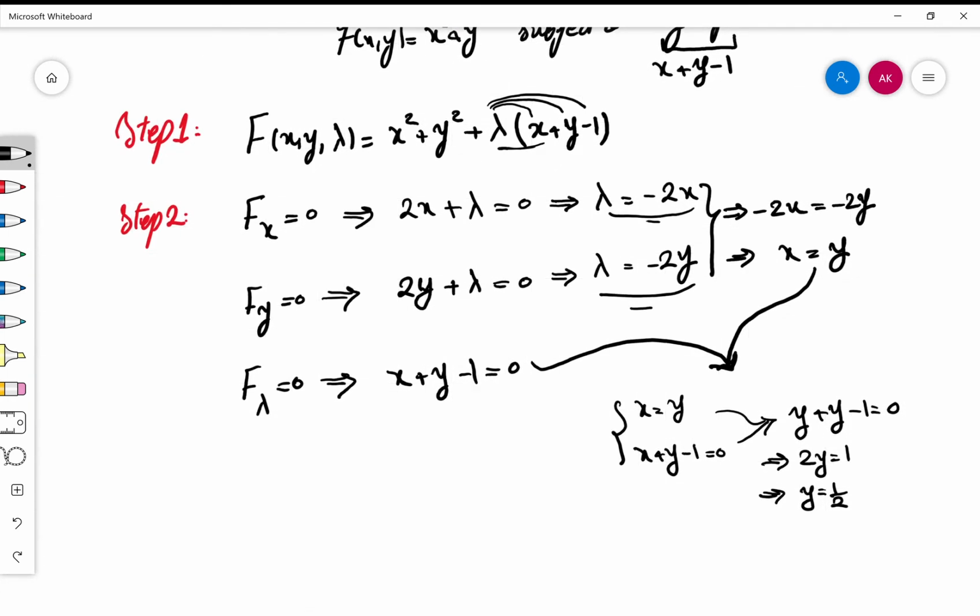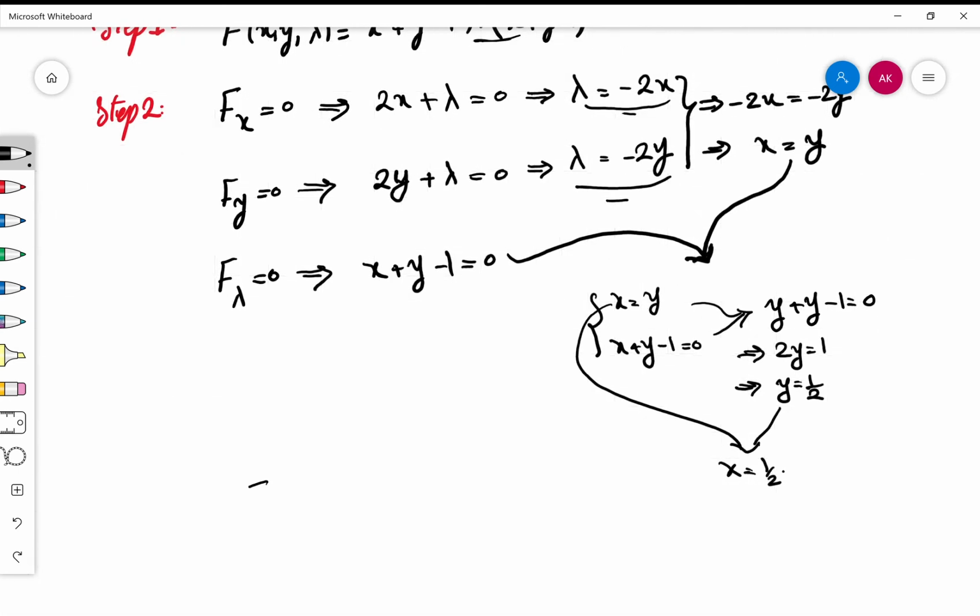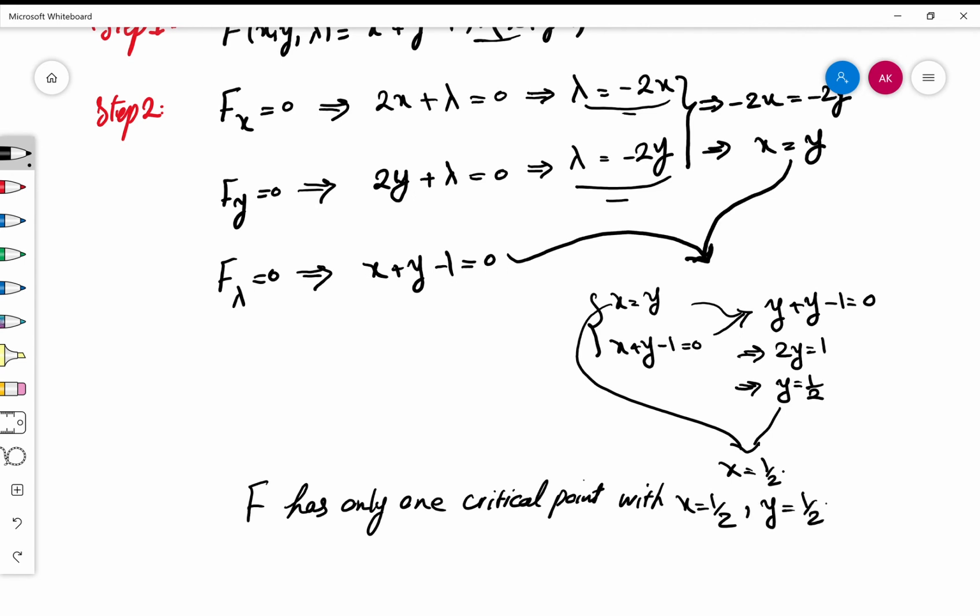And then look at the first one. If y is equal to 1 over 2, then x is also going to be equal to 1 over 2. So f has only one critical point, with x equal to half and y equal to half.